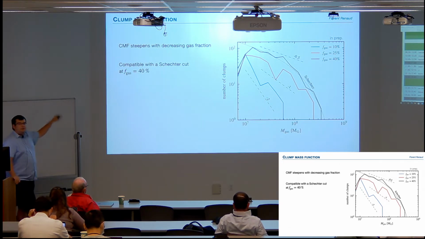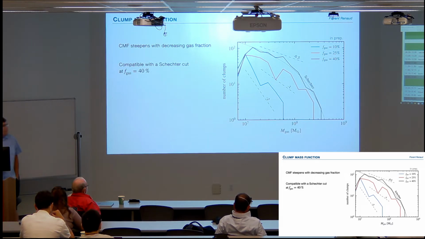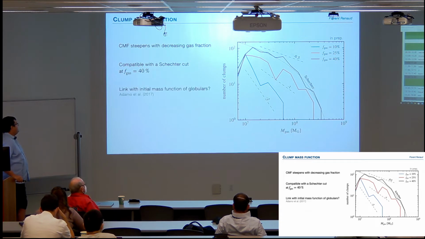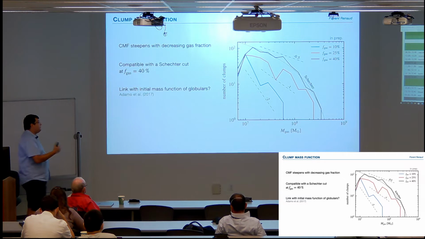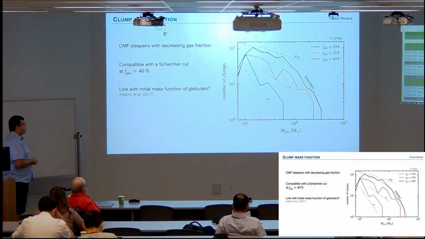I'm still trying to process this. If you have some ideas or some input on that, I would be very happy to hear from you. But what we can say here is maybe there is a link with the initial mass function of globular clusters or clusters in general, which is supposed to be a power law of -2, or maybe, and I'm opening Pandora's box here, it's a Schechter function too.